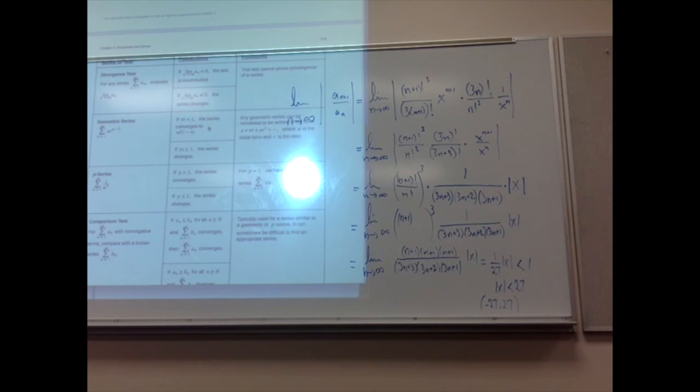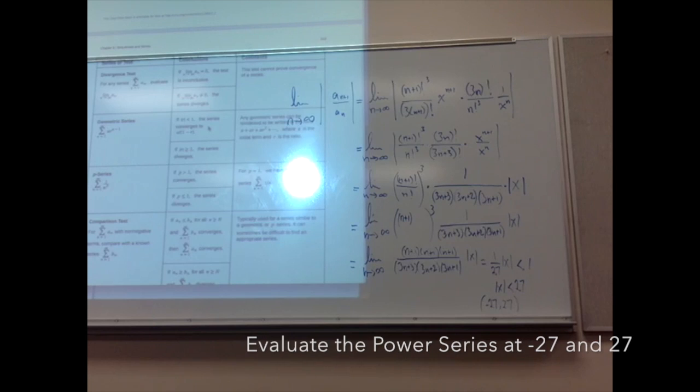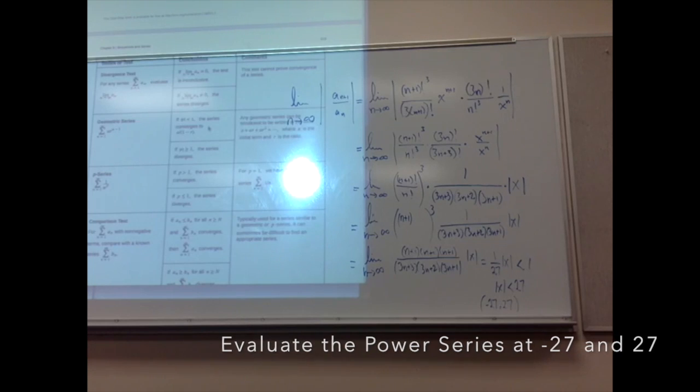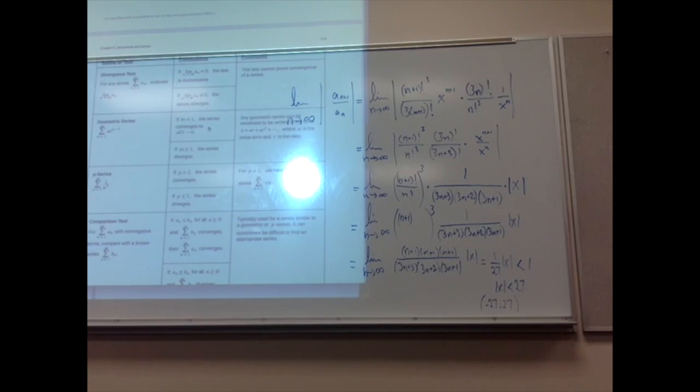Times 27 to the 5th. Yeah, no, it's going towards 0. Is it? Because it's 33,000.